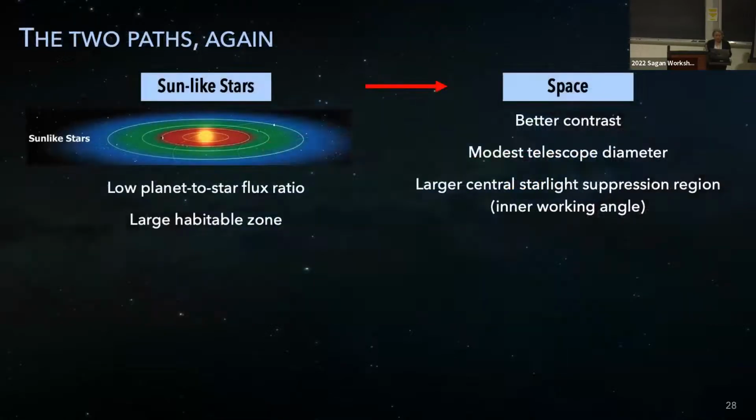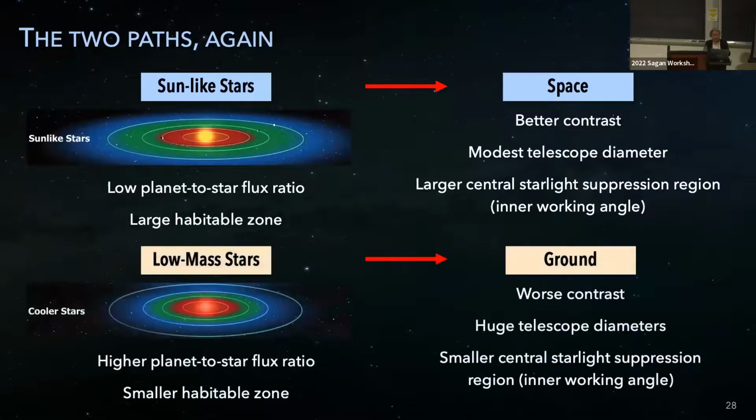So to put it all together, the direct observations of habitable planet candidates around sun-like stars need the extremely high contrast possible from space. And the habitable zones are larger, allowing the planets to be outside of the inner working angle, even with a relatively modest 6-meter telescope like LUVOIR.